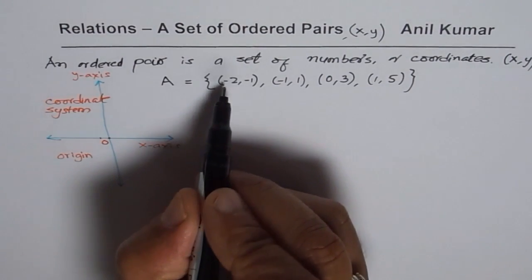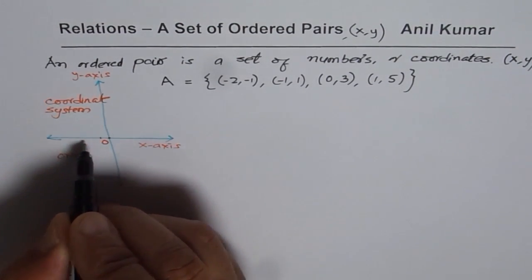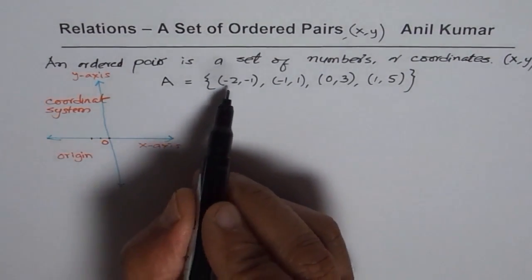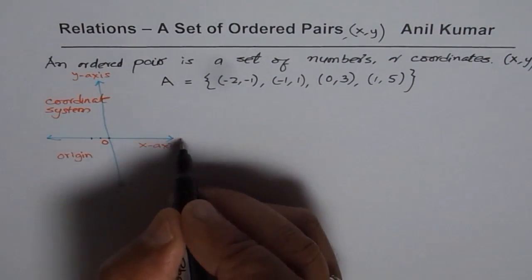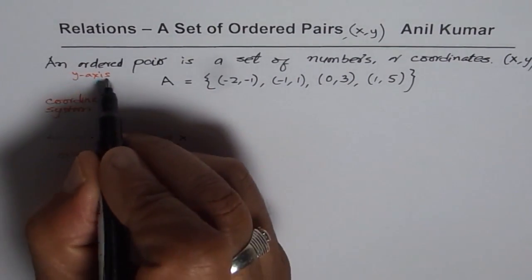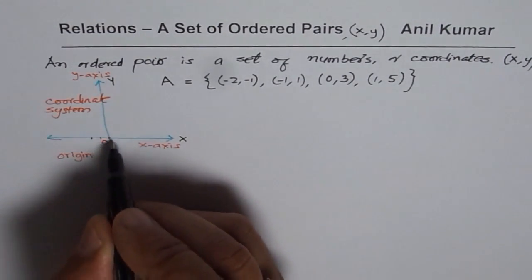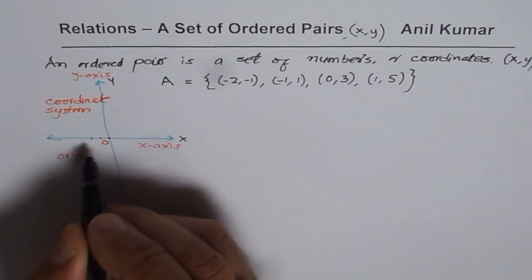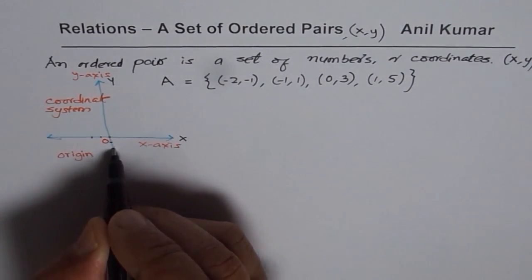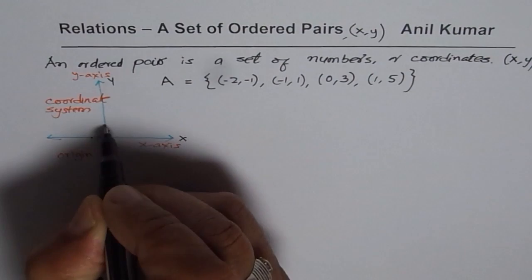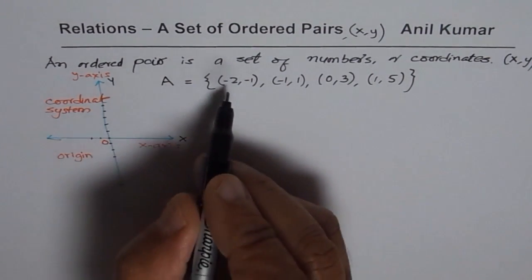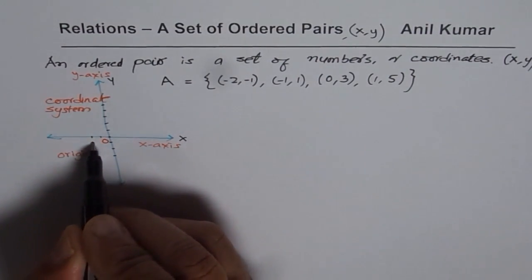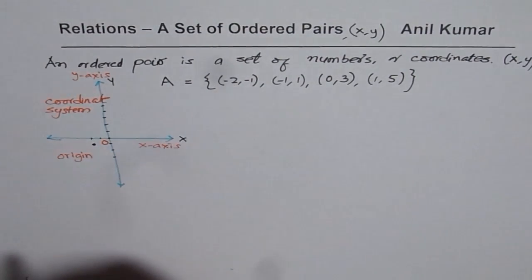Let's say each unit along the axis is 1 unit. The first part is along the x-axis, where negative is on the left side, and positive is on the right. The y-axis goes positive upwards and negative downwards. So this point -2, -1 is here.